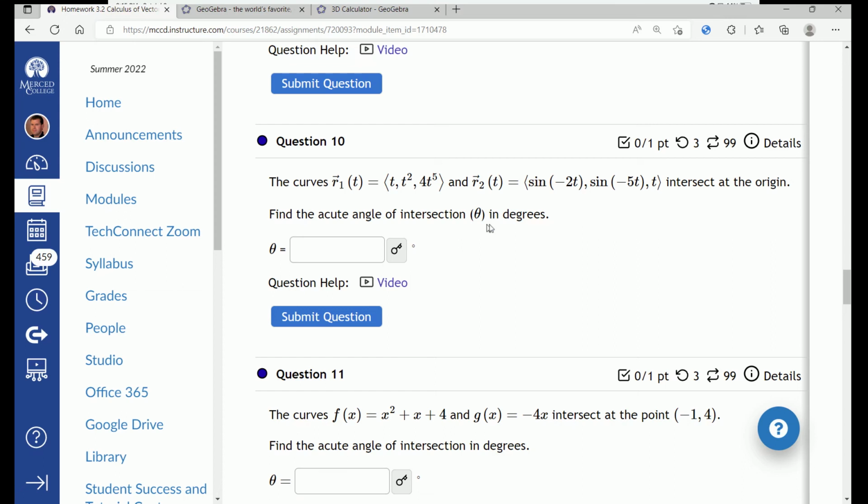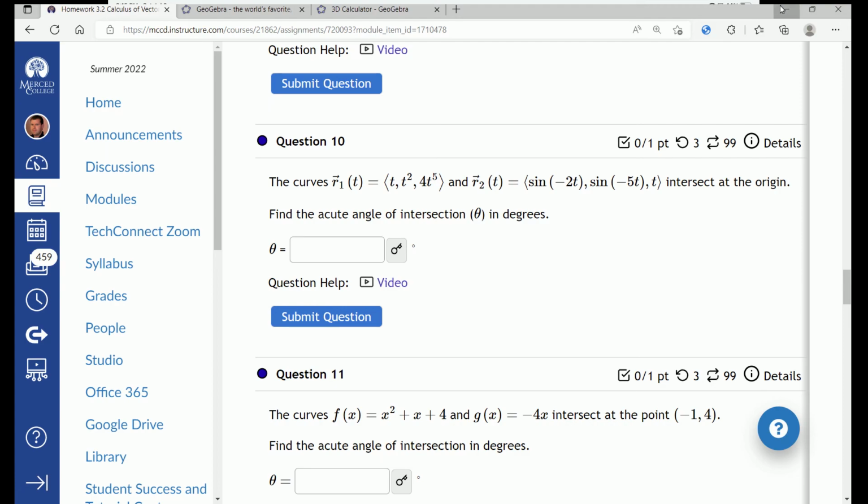So we have R1, t, t squared, t to the fifth, R2, sine of negative 2t, sine of negative 5t, t. They intersect at the origin. Okay, find the acute angle of intersection.